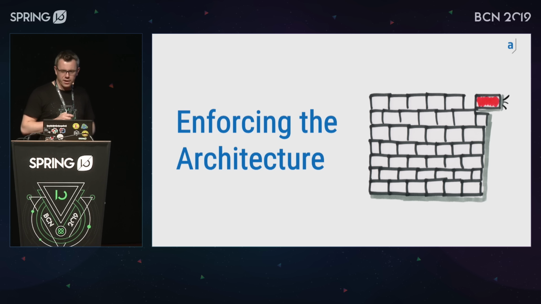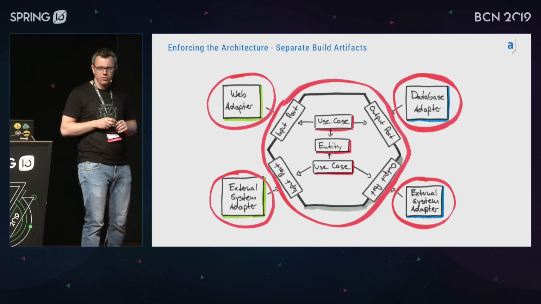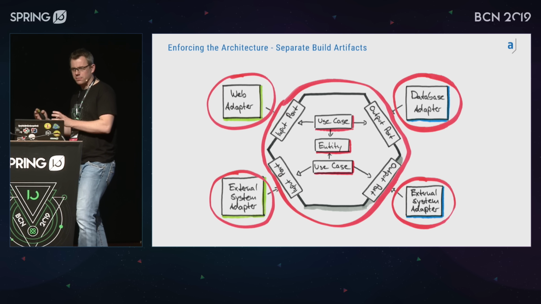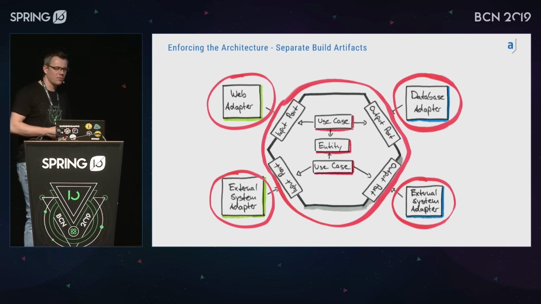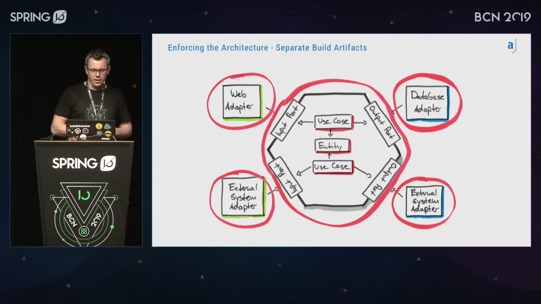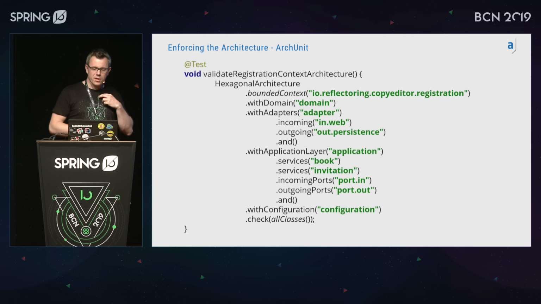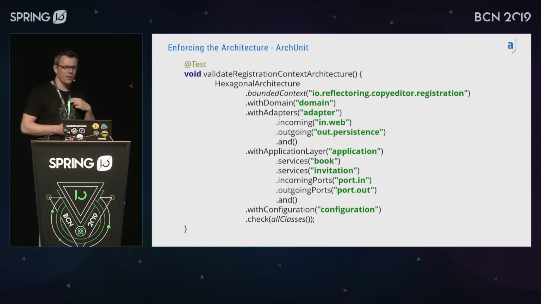How can we enforce architecture? Just really quick, we can build multiple jar files, separate build artifacts, so that the dependencies are resolved automatically by Maven or Gradle or whatever. We can use something like ArchUnit, which is a framework that allows us to enforce certain package structures, or even more than package structures, actually.